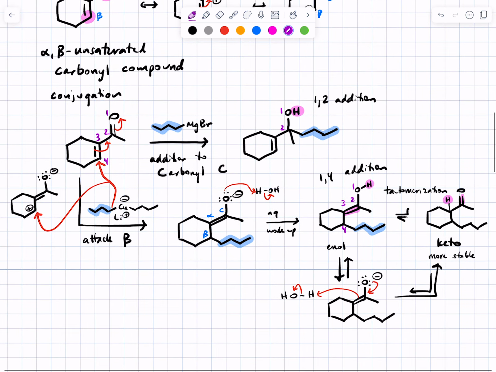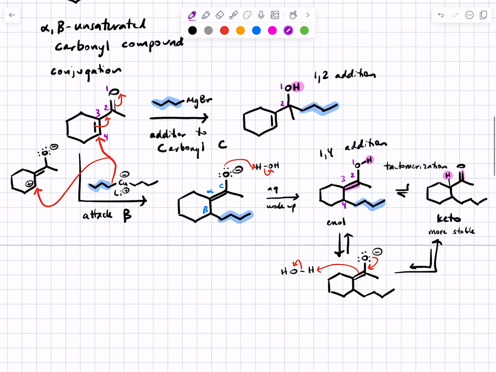What I've just shown you here, the 1,4 addition product, is an example of a type of reaction that you will see again in this class. It is called, and this term is synonymous with 1,4 addition, conjugate addition. It's addition of a nucleophile to the beta carbon of a conjugated system. All right, so that is the second thing that cuprates do differently.